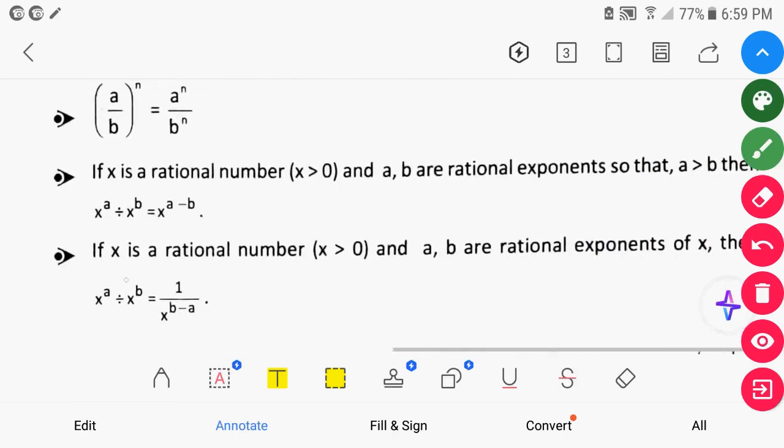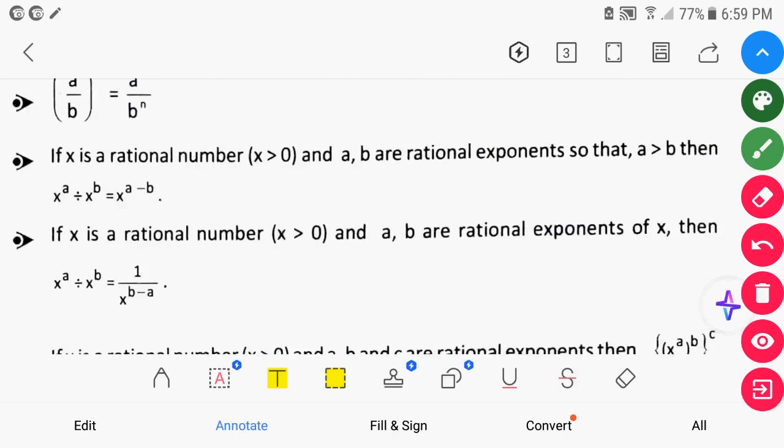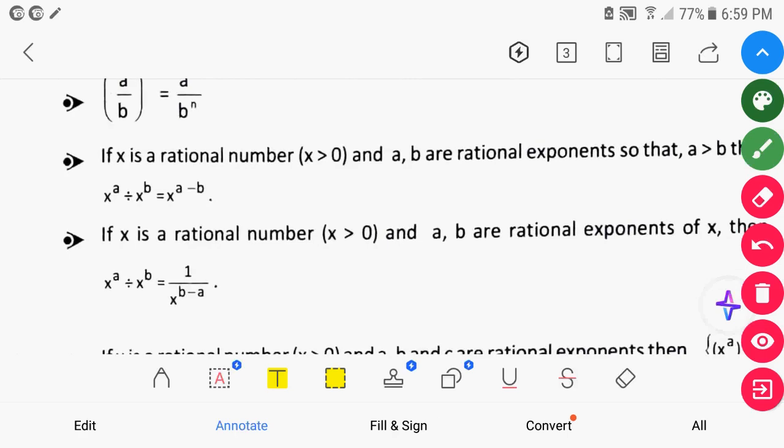Now, if x is a rational number greater than 0, meaning a positive rational number, and a and b are the rational exponents, if a is greater than b and they are in division, subtract b from a.